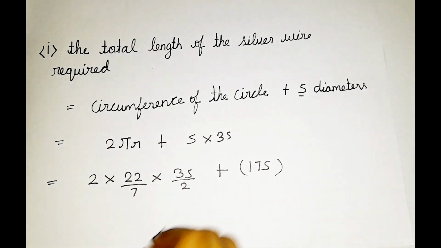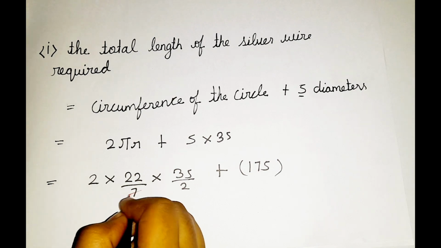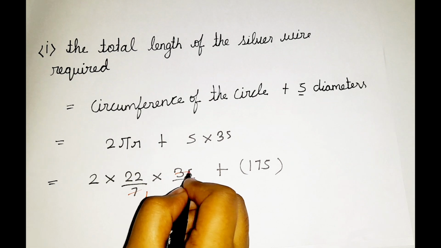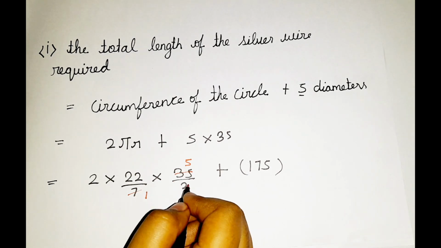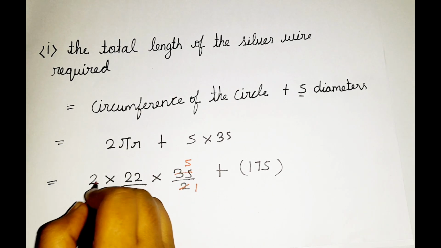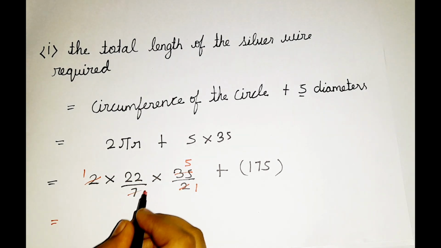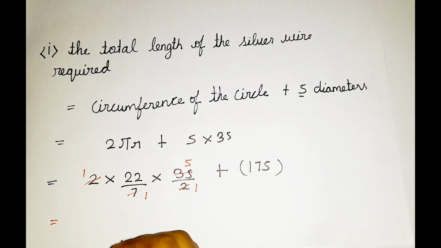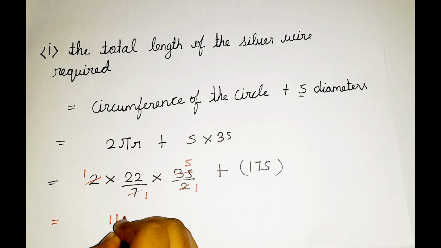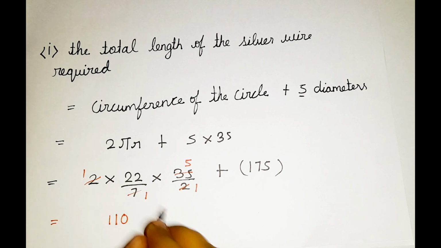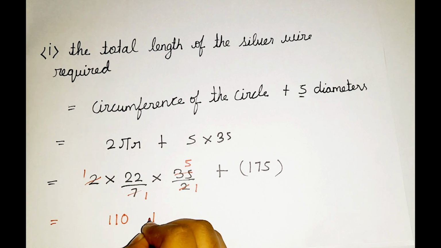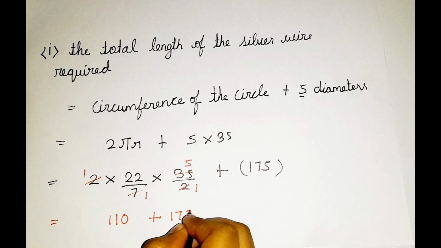Now let us try to cancel the values. 1 7 is 7, 7 5s are 35, 1 2 is 2, and here also 1 2 is 2. So 22 into 5 is 110. Denominator we don't have anything, and then plus 175.